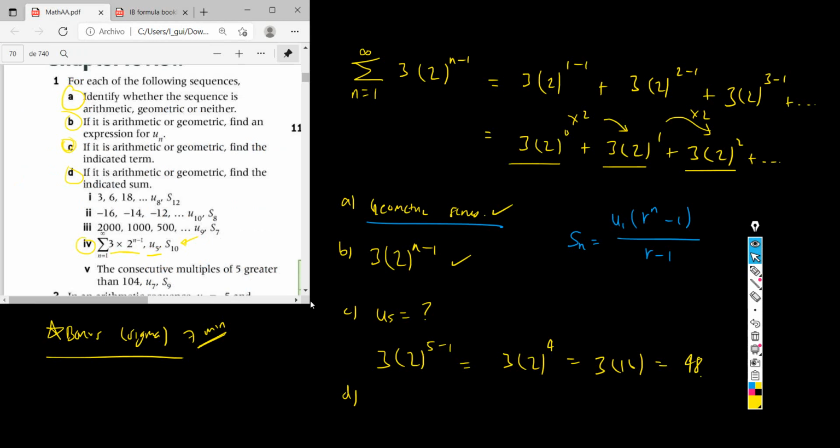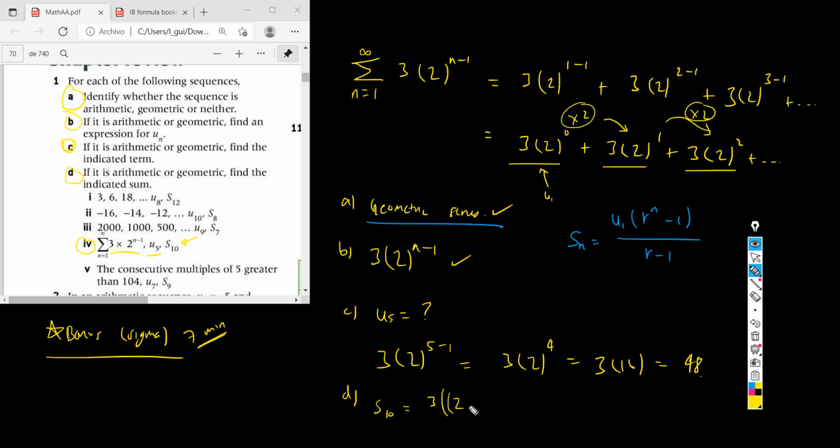And then we just substitute. In here, n will be 10. So let's substitute into this formula. S10 is going to be equal to the first term, which is this one. That's the first term, which is 3. And then the ratio, what is the ratio in here? We already agreed that it's 2, right? That's the common ratio.